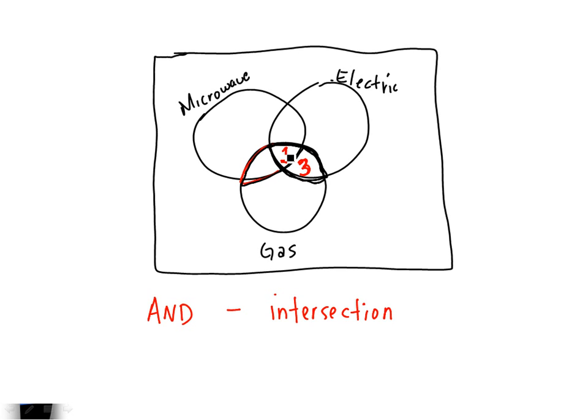Therefore, since 1 is accounted for already, we're going to put in here 16. Alright, keep on going up. 19 use microwave ovens and electric ranges. So the intersection of microwave and electric is this region here. It's supposed to be a total of 19. So 1 is accounted for, so we're going to put here 18.